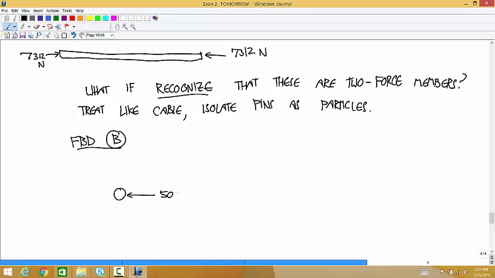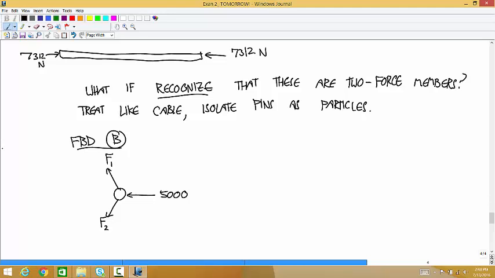There's a 5,000 Newton force to the left. And now we'll treat each of these two members like they're just applying cable tension to this pin. So one goes this way, I'll call that F1. And one goes this way, I'll call it F2. And we're going to solve for F1 and F2. If we get a positive value, it means the member's in tension. If we get a negative value, it means the member's in compression.